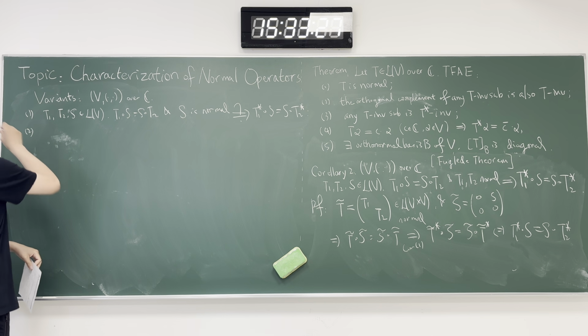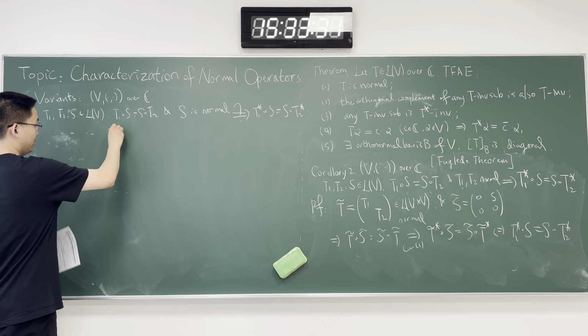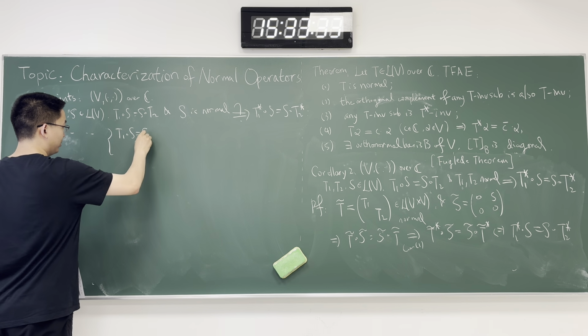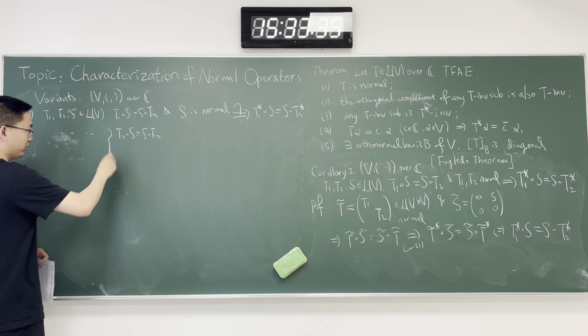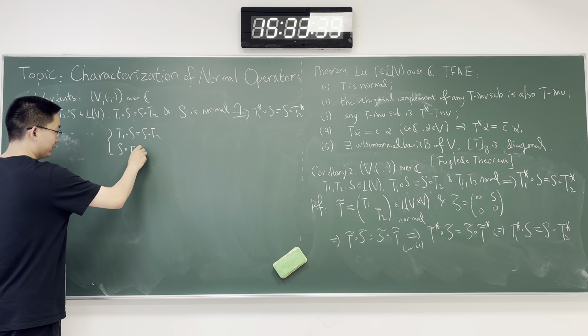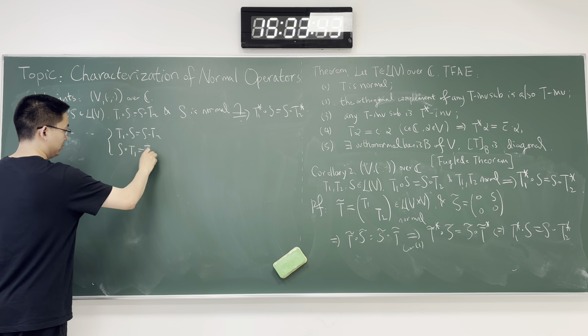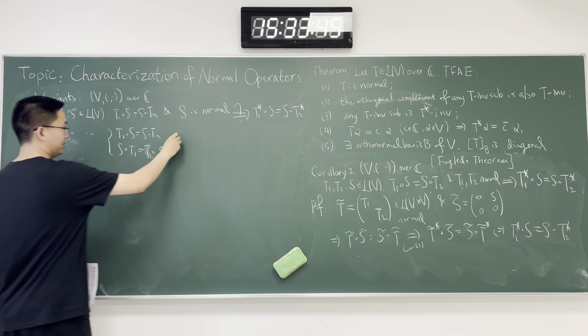The second question considers more conditions: S intertwines the action of T1 and T2, and also intertwines the action of T2 and T1, in the following sense, and S is normal.